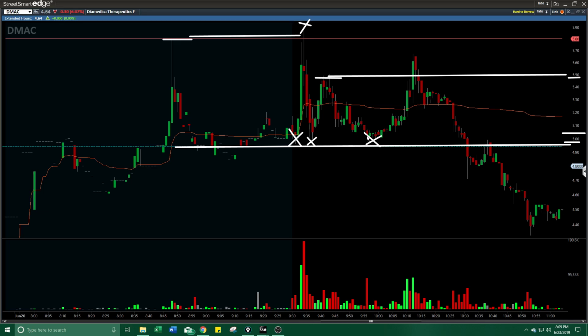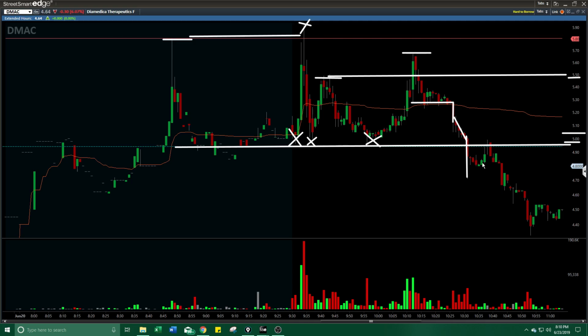Slowly curved all the way down and then started curving up and then shot all the way up to this 5.70 level, pulled back, hung around this 5.25 level, broke through it, and you see how it surged and then slowly sold down all the way back to this $5 level, and then it surged all the way through that $5 level, all the way down to 4.75.